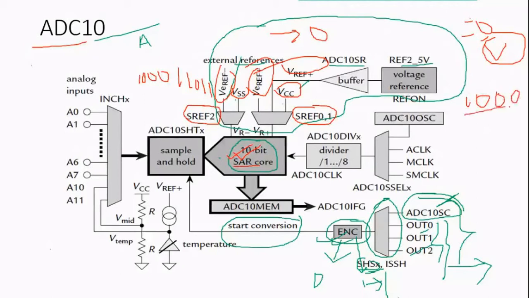First I keep this value in the SAR core, and then it is compared with the corresponding analog voltage. According to which one is greater or less, the comparator will decide whether the value I kept there is fine or not.